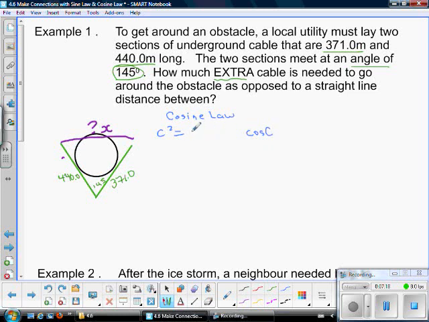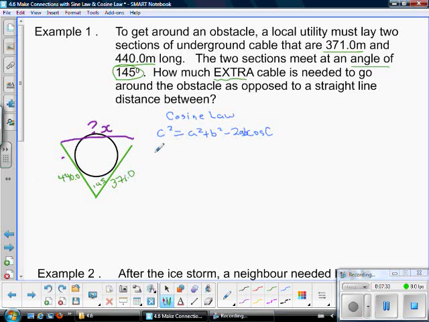And so then I have my other sides, a squared plus b squared minus 2 times a times b cos of c. Now I'm going to substitute my information in.